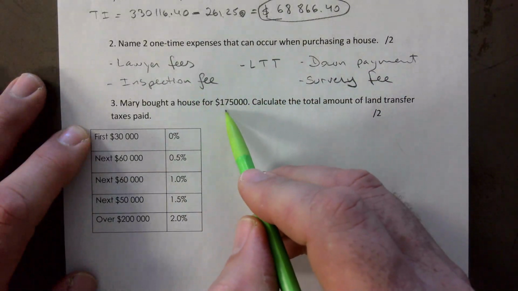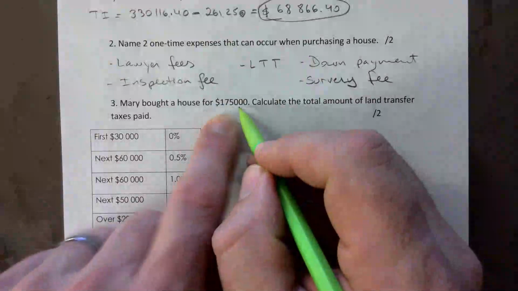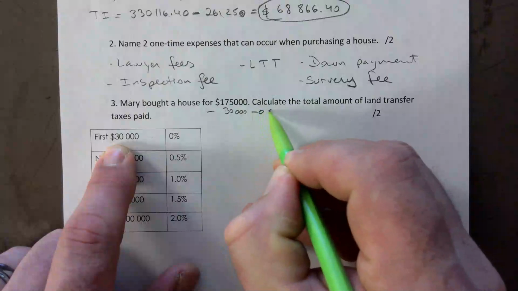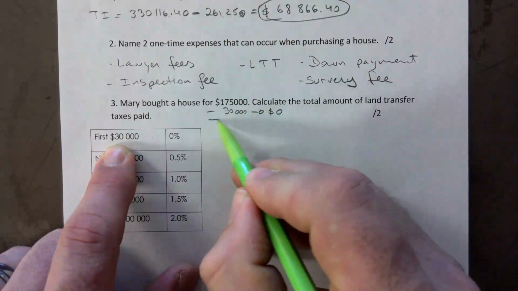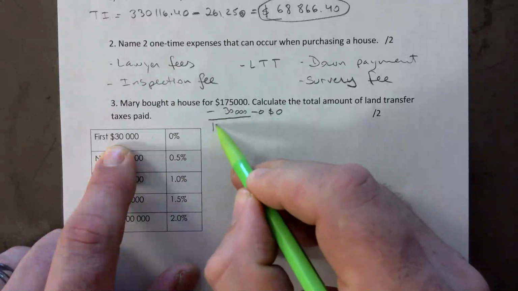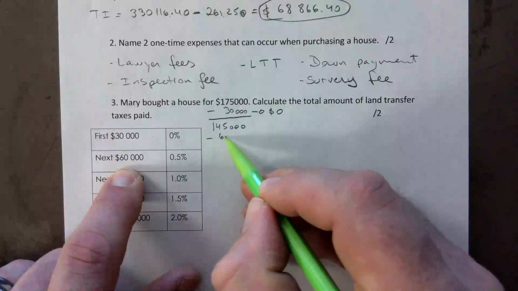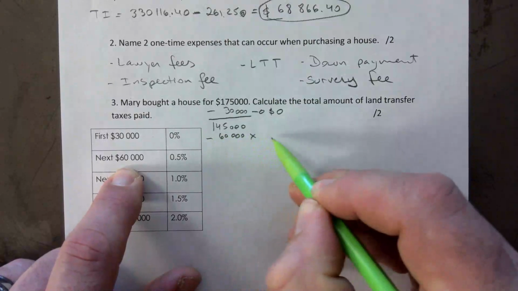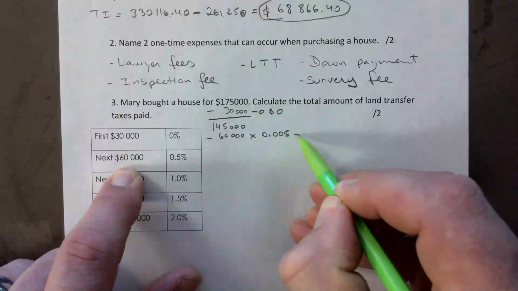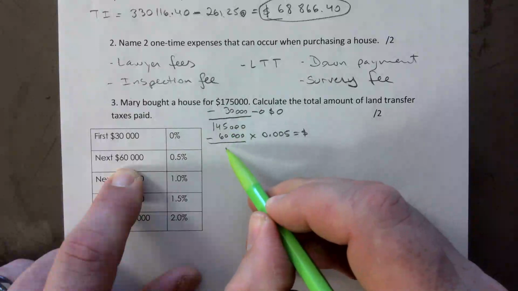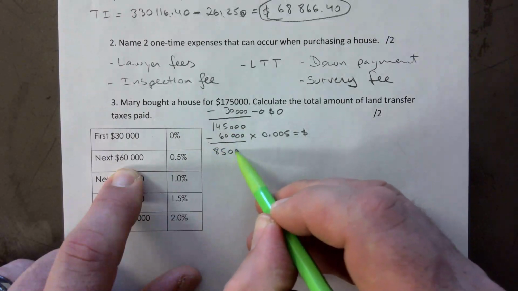Now we've got our land transfer tax. I'm just going to use right here. So we take away the first 30K, we don't pay any on it, so we're not even going to multiply it by 0. You're left with $145,000. Next bracket is $60,000, right? And we pay 0.005. Hopefully you got that. Take away 60,000, you're left with 85,000.